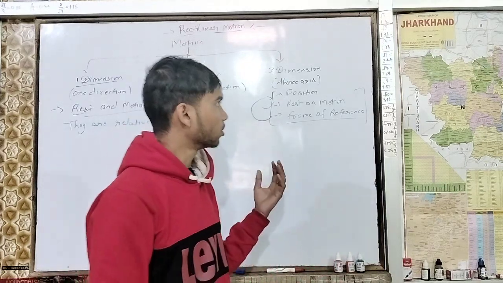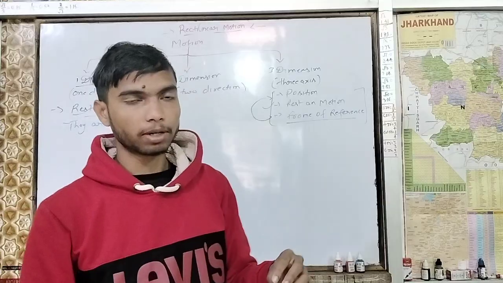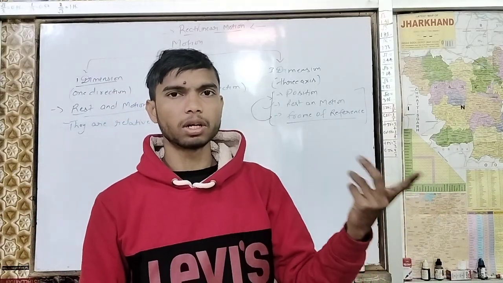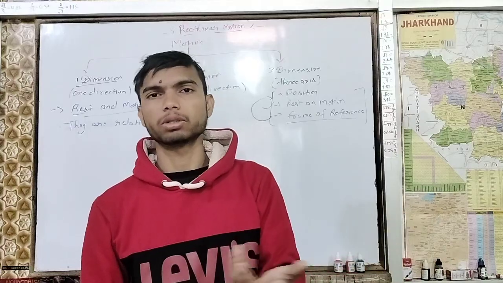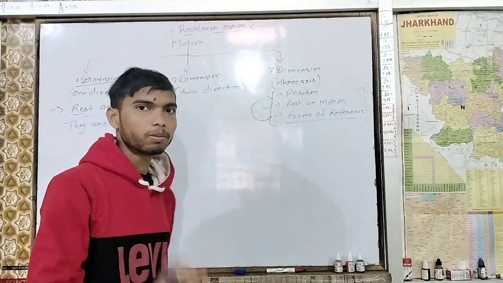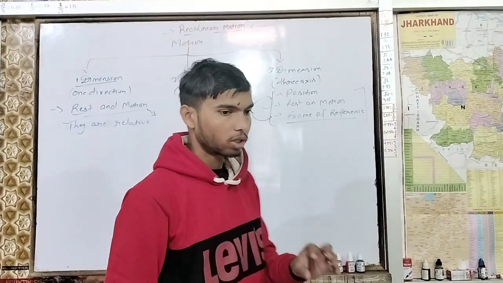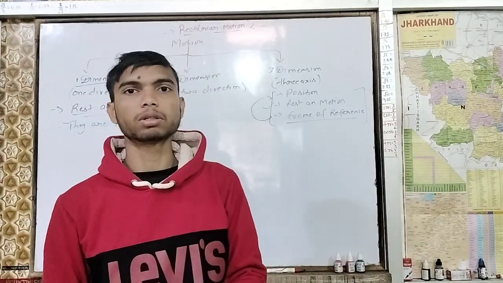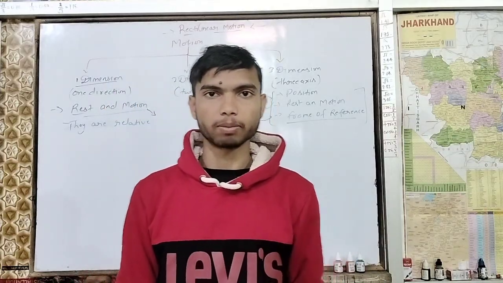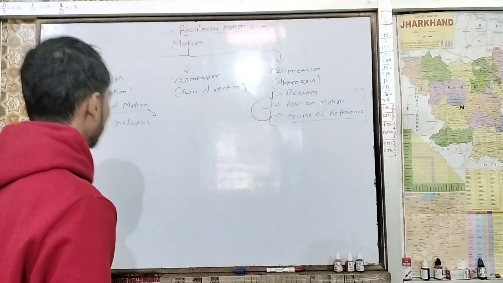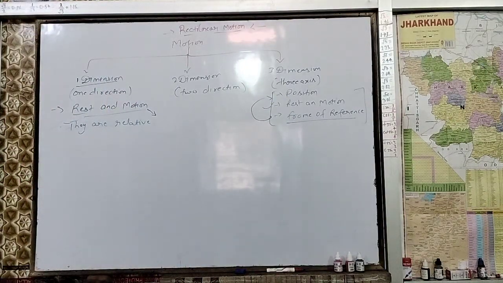Mostly our reference point will be the origin, which means 0, 0, 0. This origin will be the reference point for the Cartesian plane. These three things are crystal clear for you. Now let's move on to the topic.